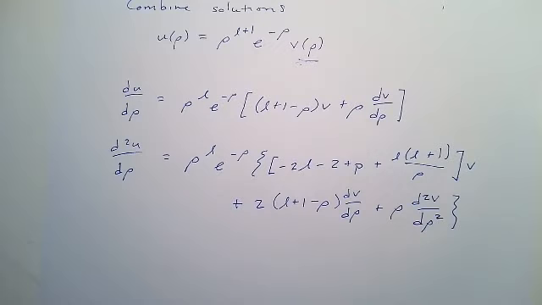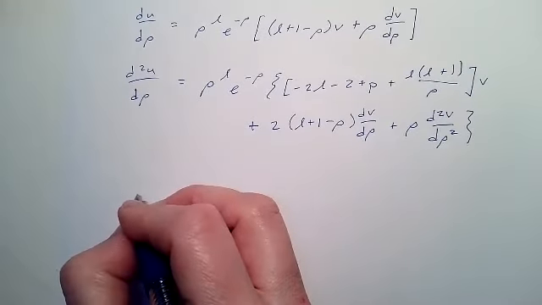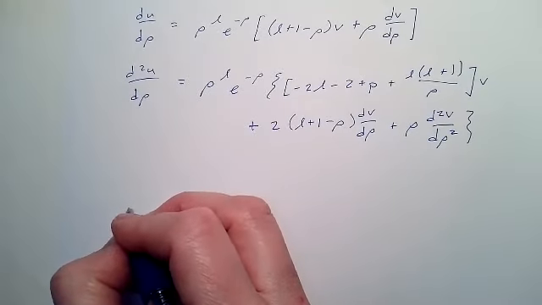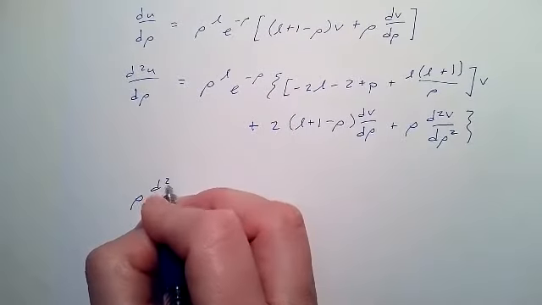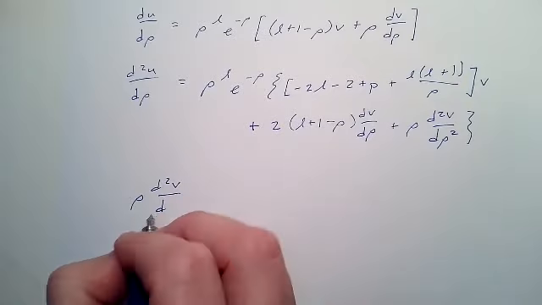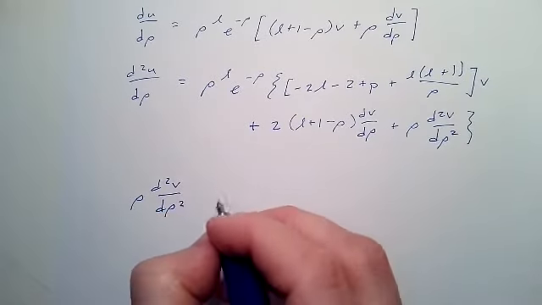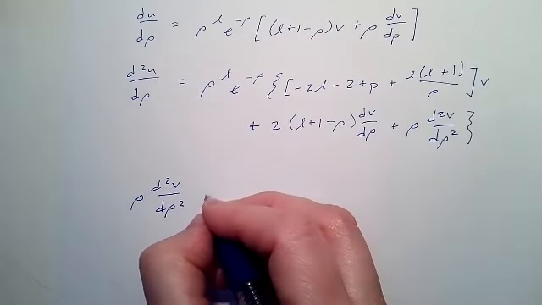If we want to write this in terms of this function v that we're trying to find, our radial equation now looks something like this. So if we just move things around and rearrange, we have a second derivative of v.